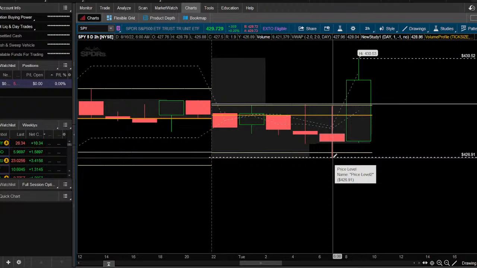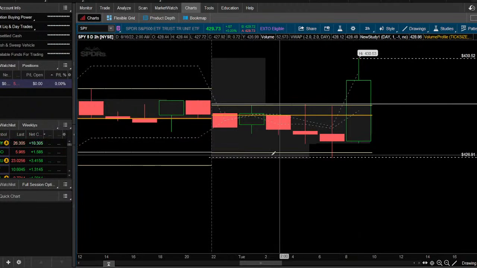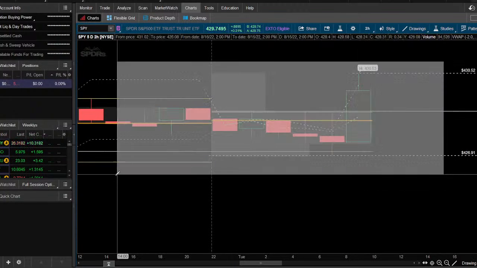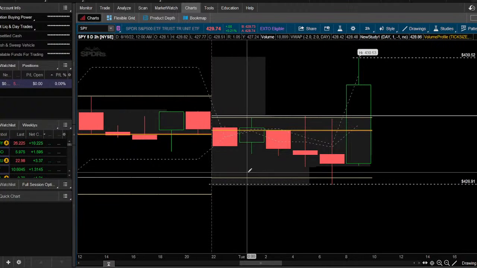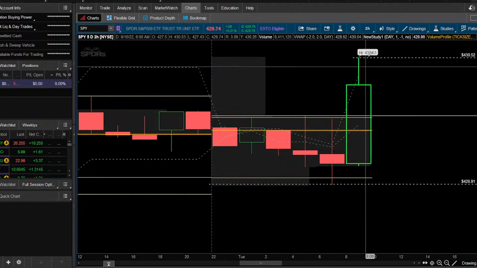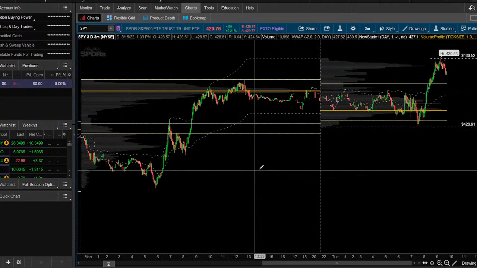But once it retested, it kind of broke below, but it came right back up. So that could be a nice entry right there. It's a way to trade from the prior close. If it bounces back and creates a support as it did right here, it kind of broke down below, but it came right back up. You could have caught this whole move. Let me see if I can show you guys a better picture.